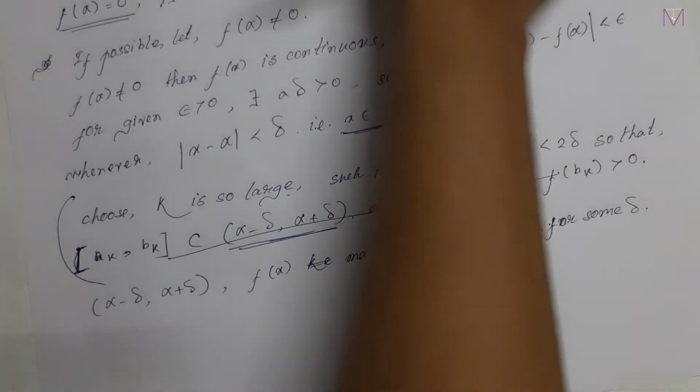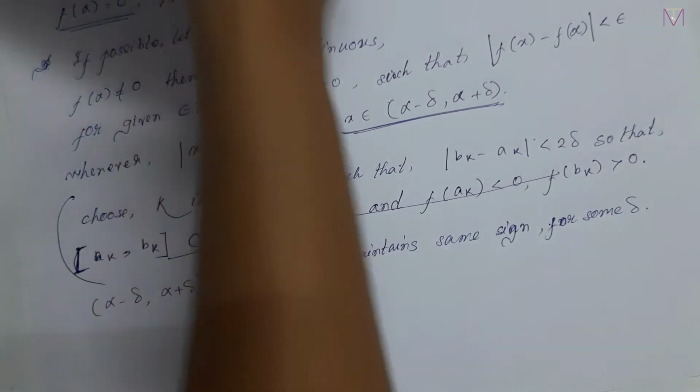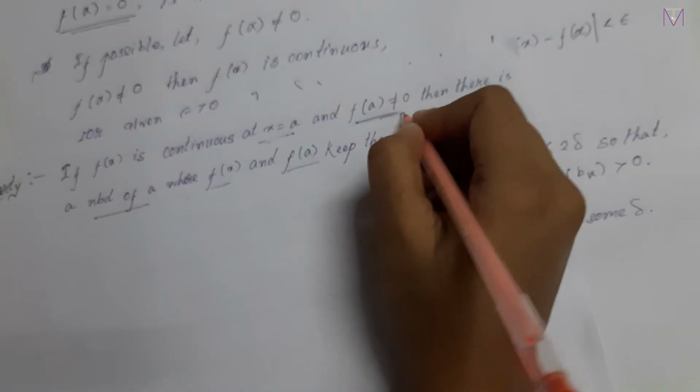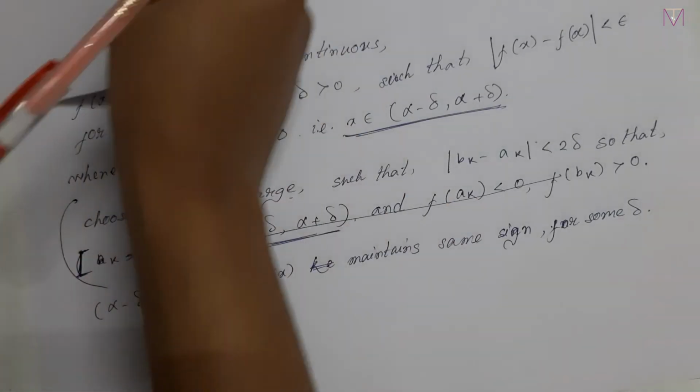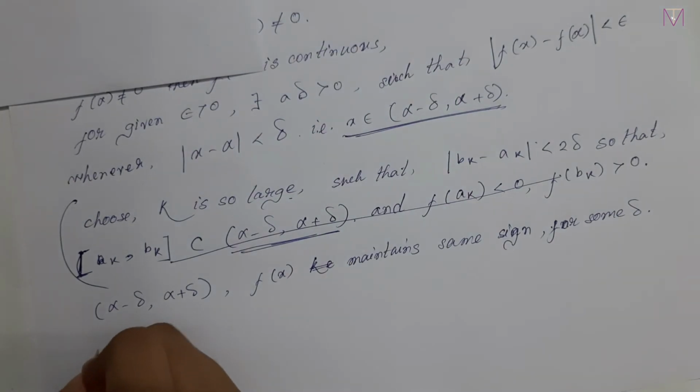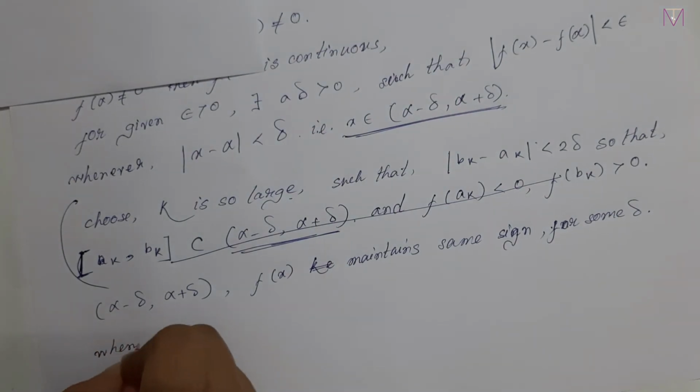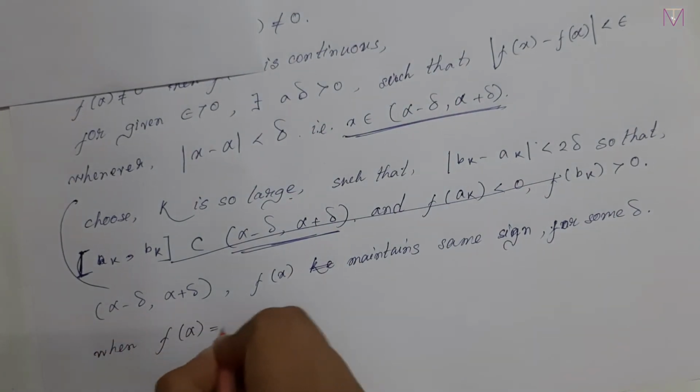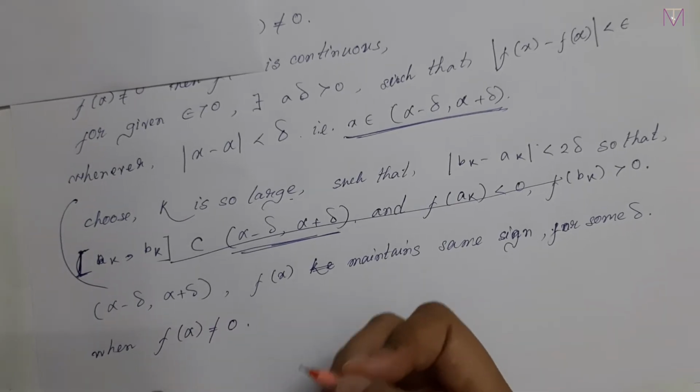And also we have to let f of a not equal to 0. Here a is equal to alpha, not equal to 0.